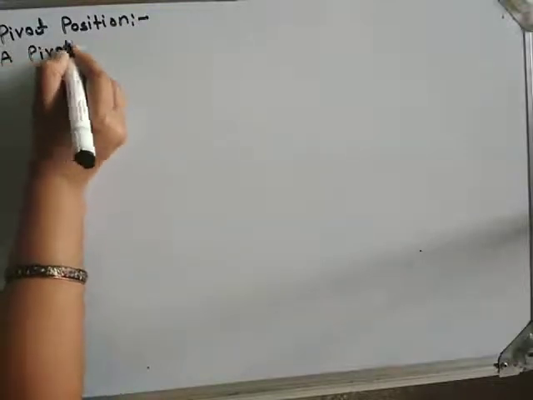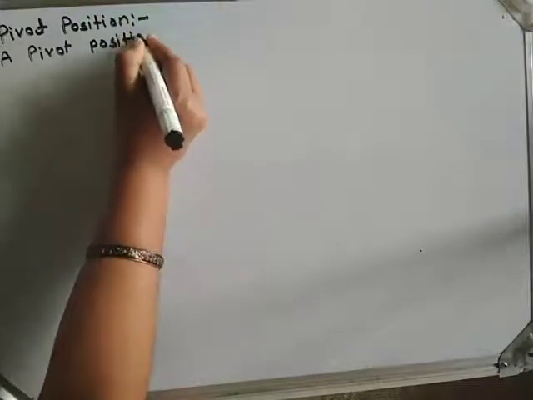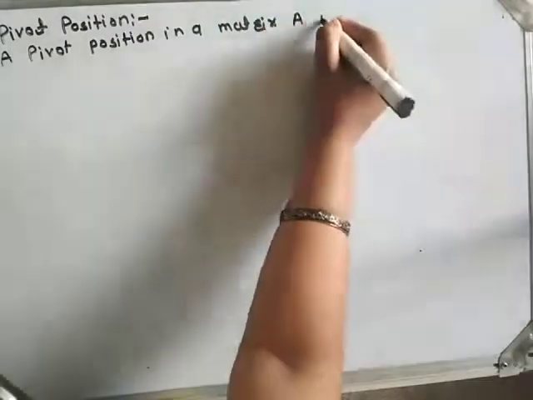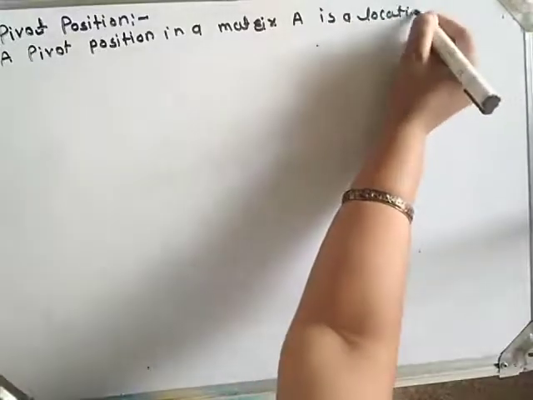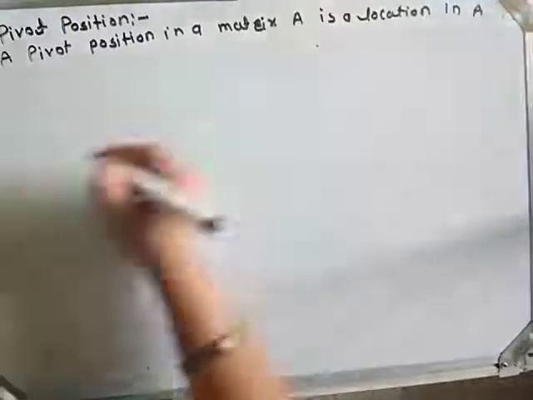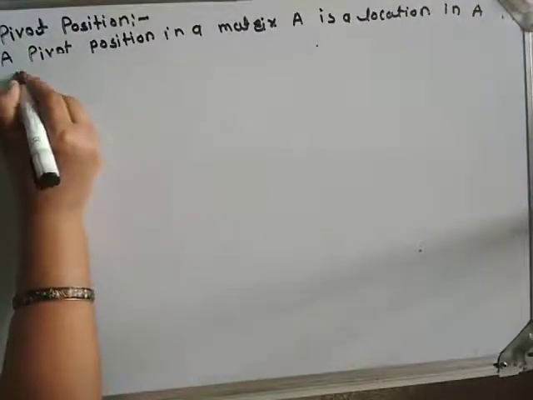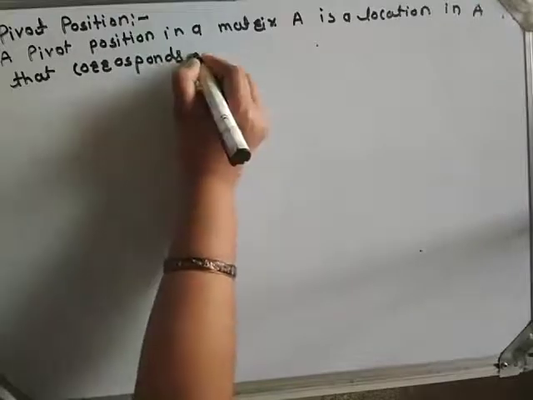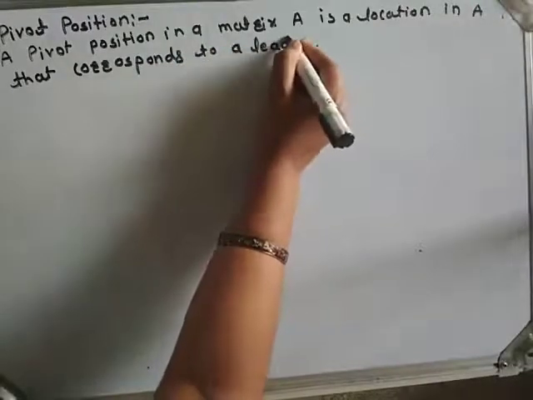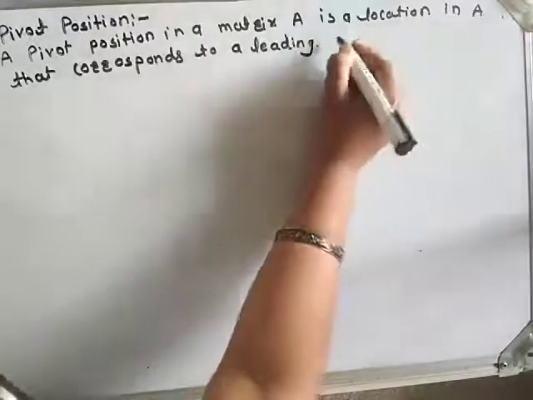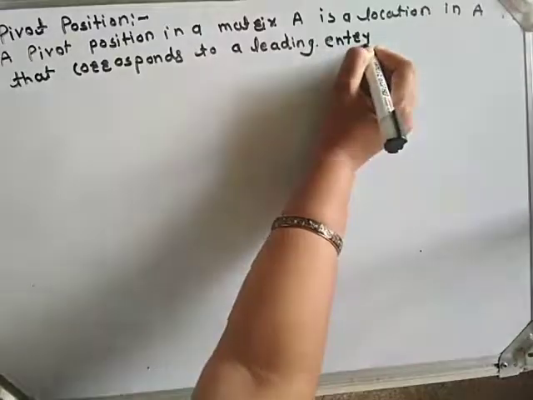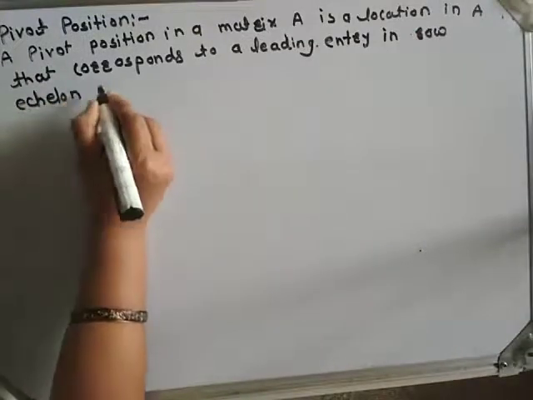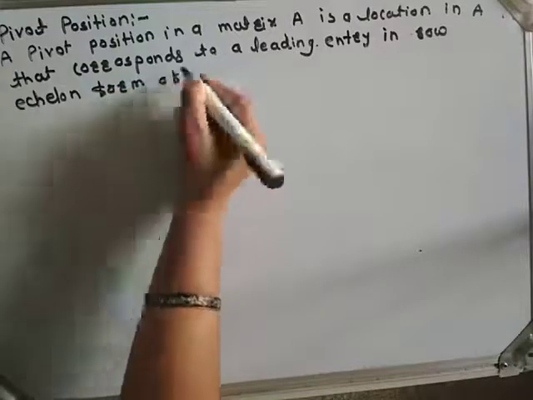A pivot position in a matrix A is a location in A that corresponds to a leading entry in row echelon form of A.